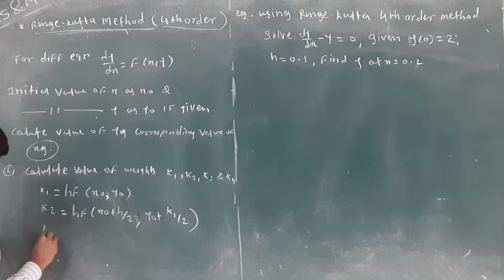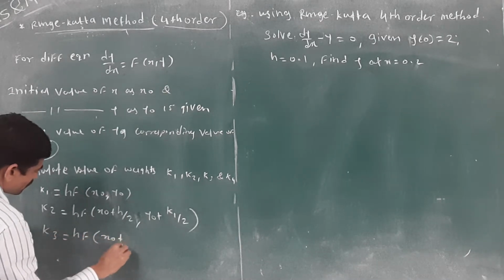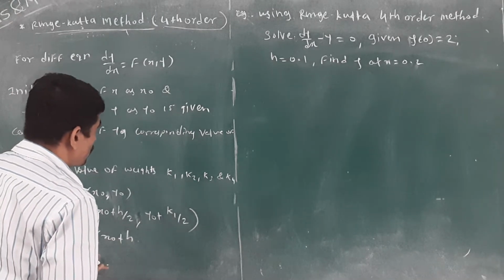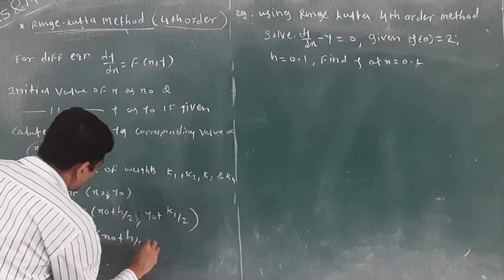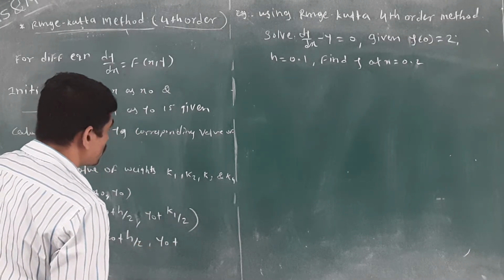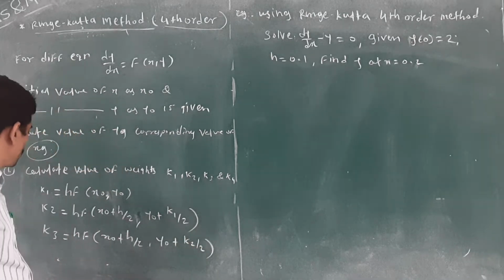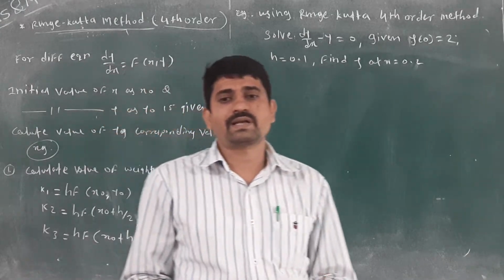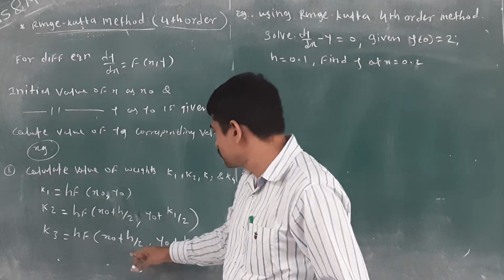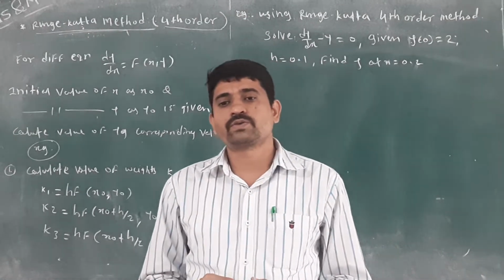Then in a similar way, what is k3? K3 is h f of (x0 plus h by 2, y0 plus k2 by 2), where we have found out the k2 value. How to calculate that k3 value? h f(x0 plus h by 2, y0 plus k2 by 2).